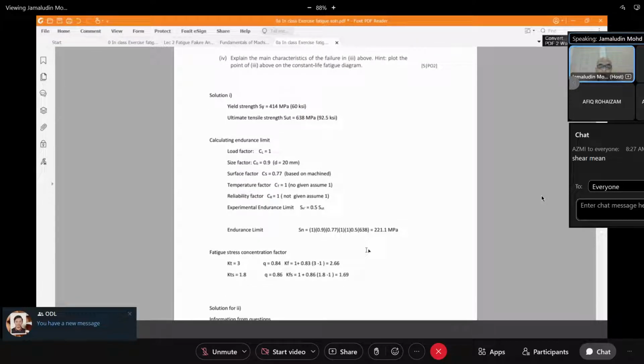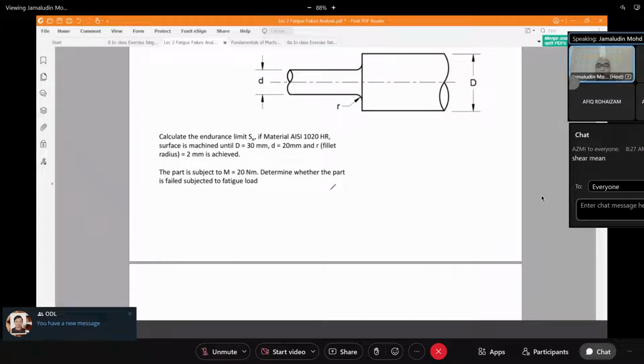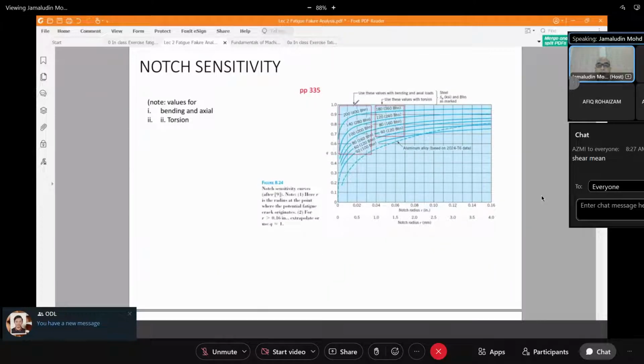For the stress concentration factor, I will skip the details. The Q, this will be for axial loading. Remember there are two, the same thing here. For axial loading, we will use this one. For torsion, we will use this value. Then we use the KSI here. Be careful, one graph has two curves.